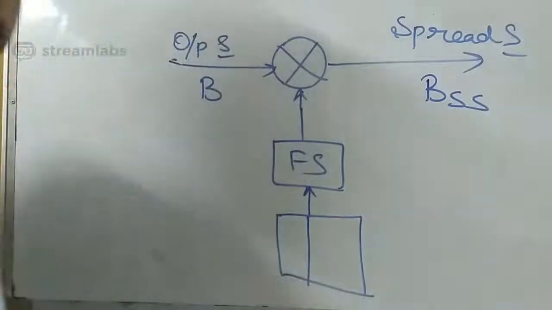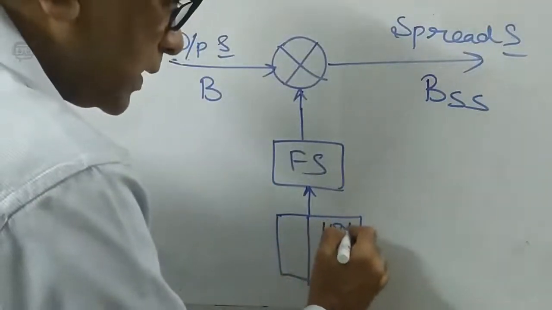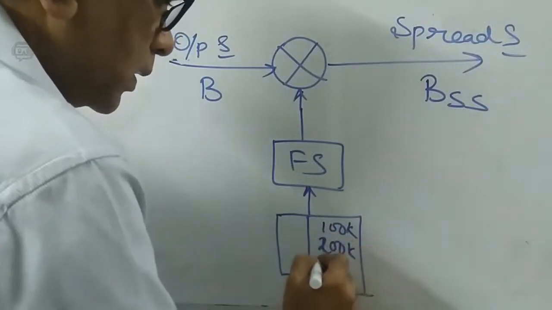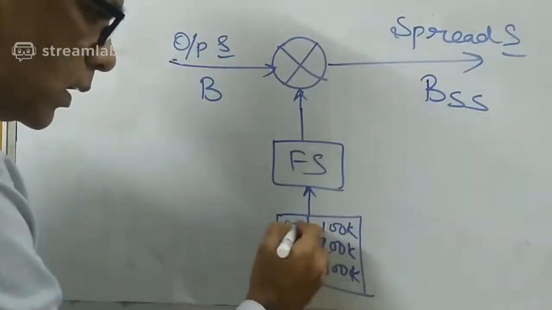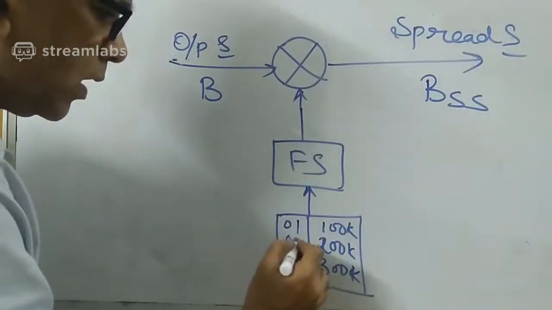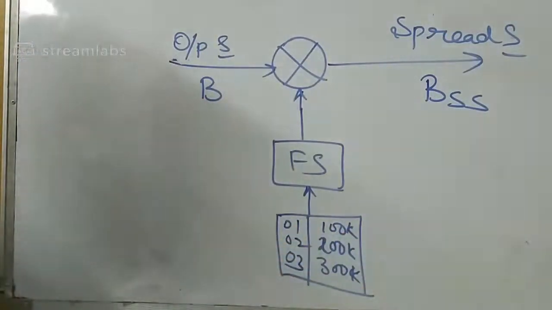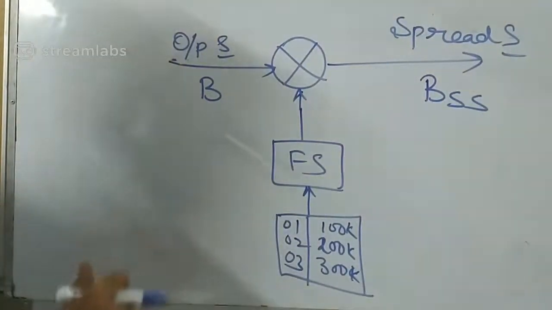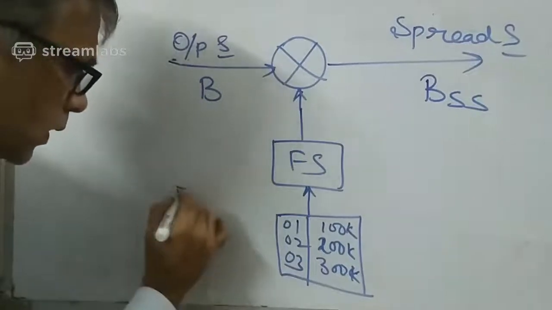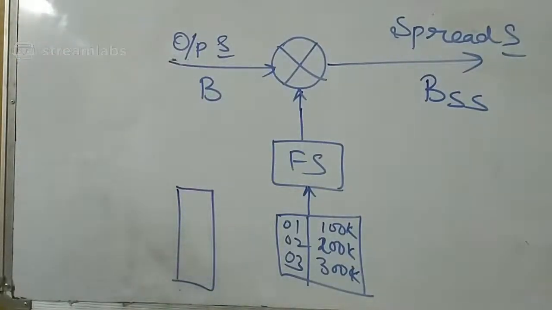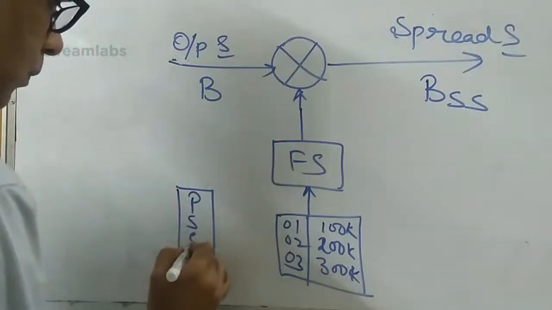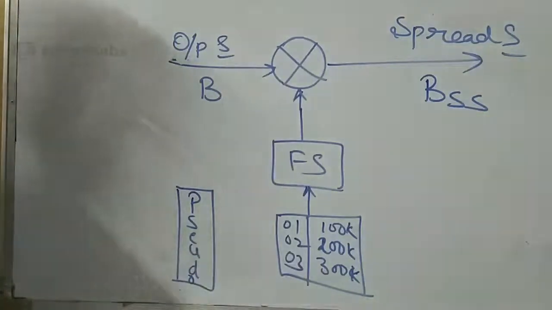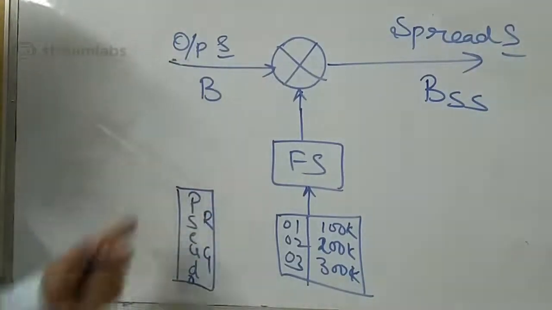This table will have a list of frequencies like 100 kilohertz, 200, 300, and so on, with a serial number for each. Then I am going to have a random number generator, that is, a pseudo random generator.